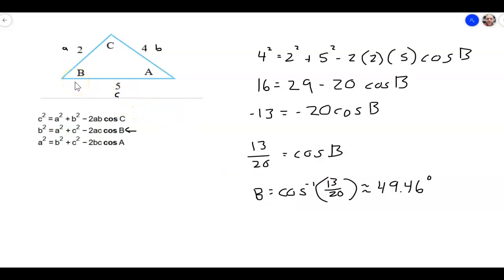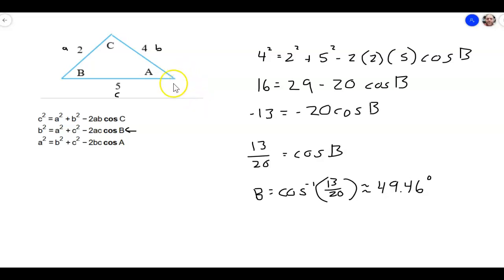Now we have enough information to finish everything out using the law of sines. We'll use the law of sines for the next one, and for the final one we can just subtract those two from 180.